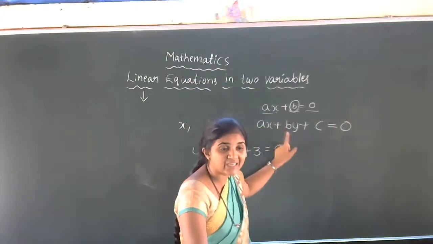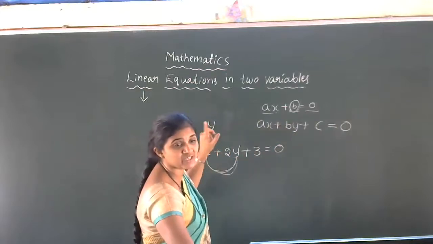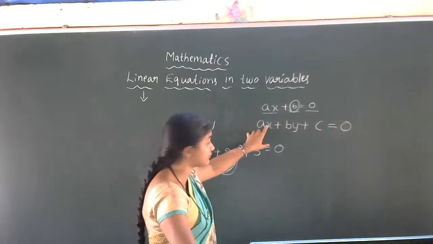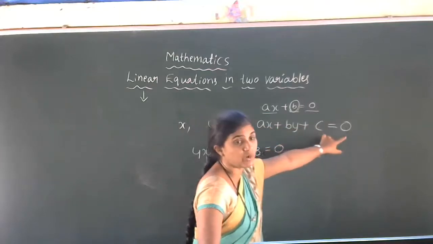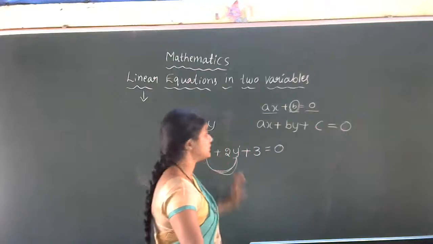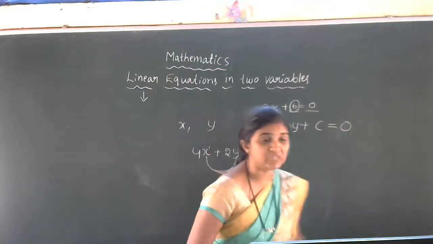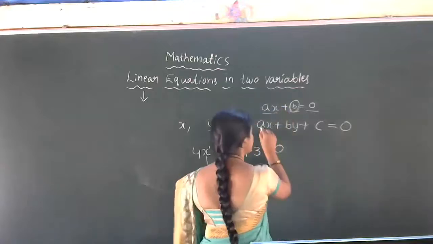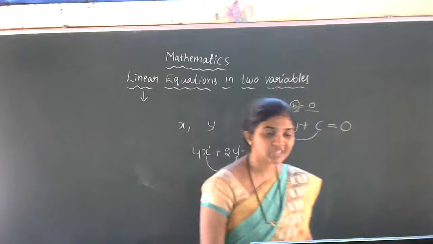Standard form of the linear equations in two variables: always the linear equations in two variables are in the form ax + by + c = 0, where a, b, c are real numbers. So do you know the real number topic?